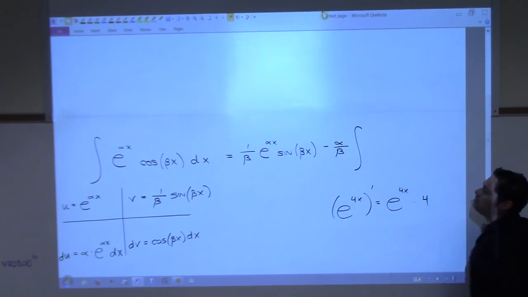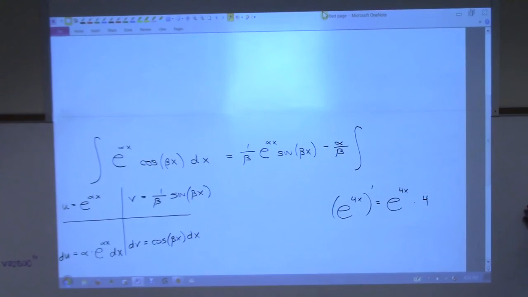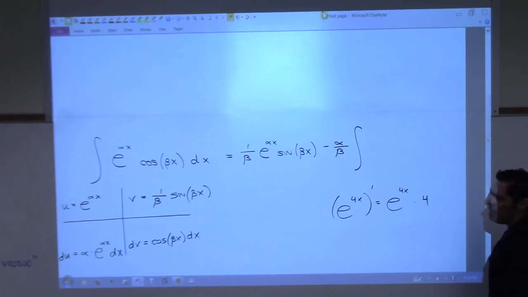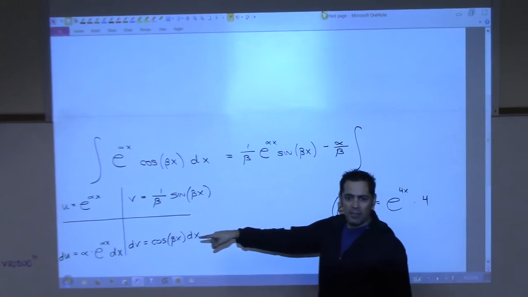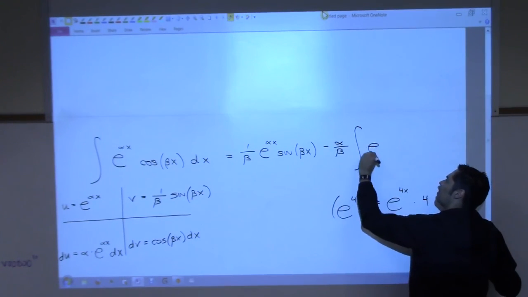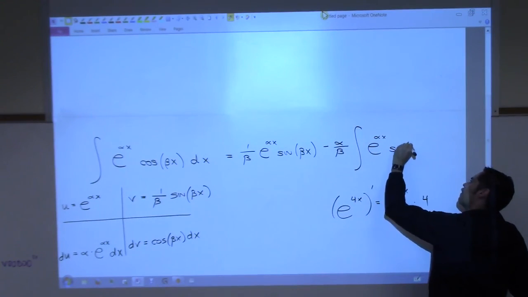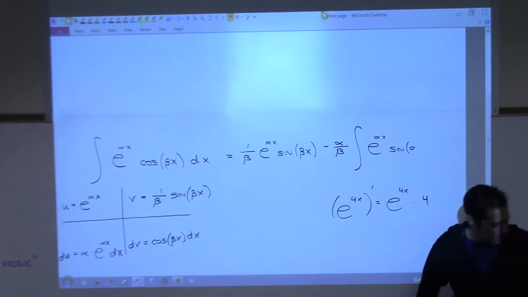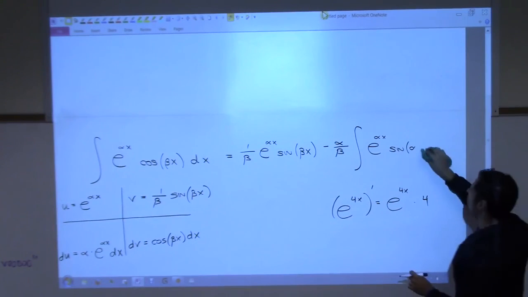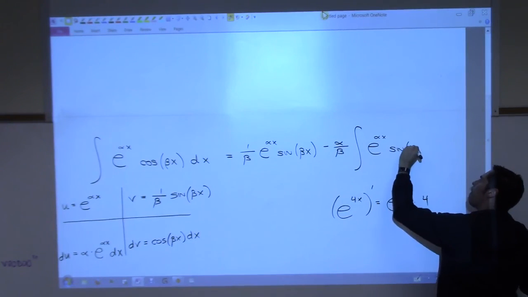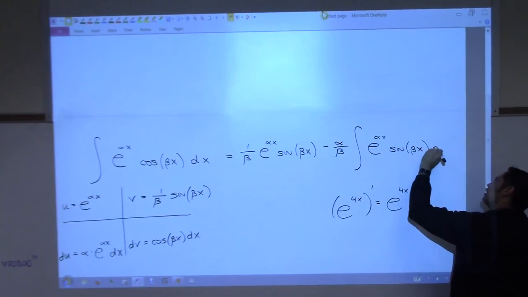Integral. I should do sine beta x times e to the alpha x dx, right? But I'm going to switch the order because it's multiplication. Really doesn't matter, right? And that should be a beta. dx.